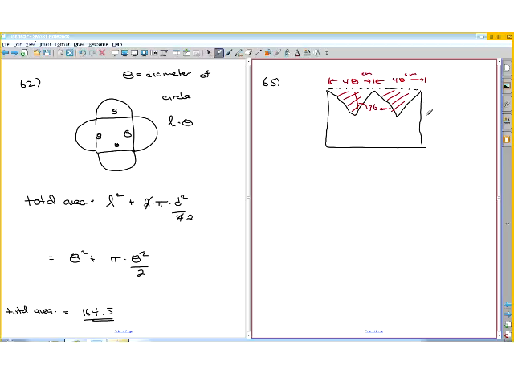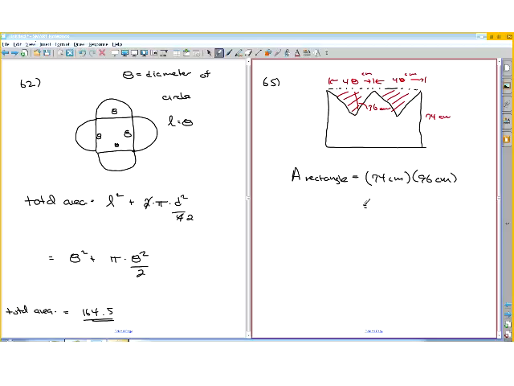Okay, and the height of this thing is 74 centimeters. So the area of the rectangle is equal to 74 centimeters times, so that's the height by the width, which is 2 times 48, which is 96 centimeters.